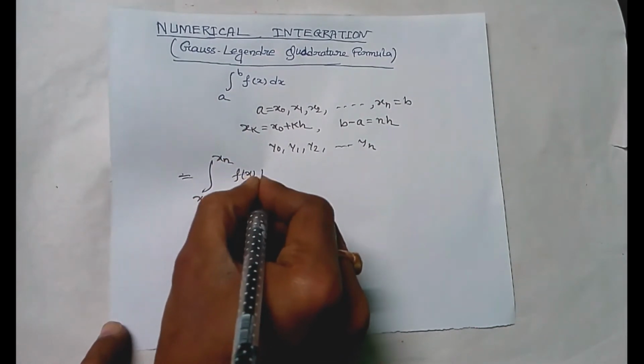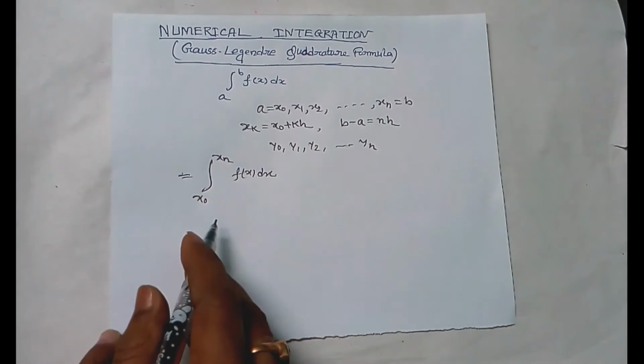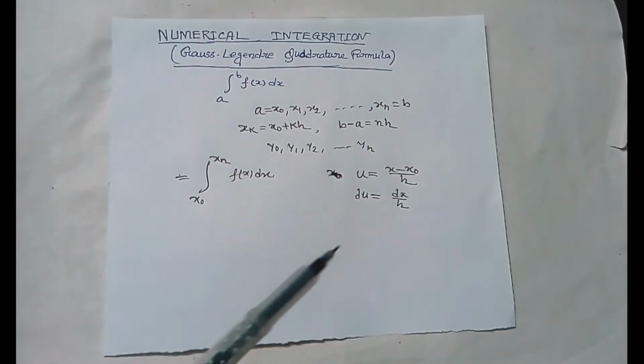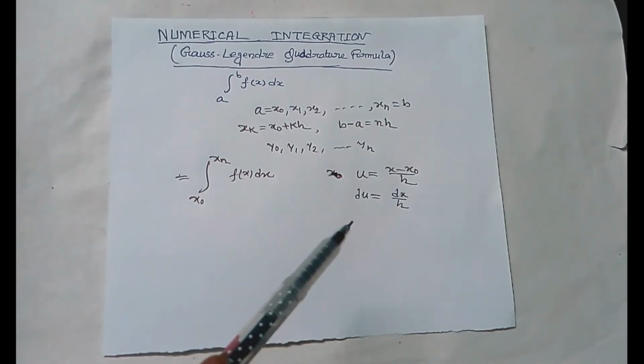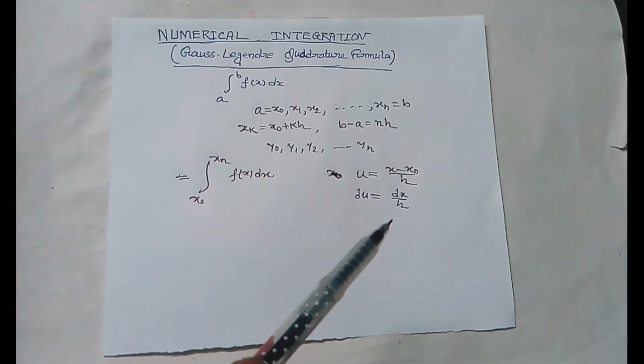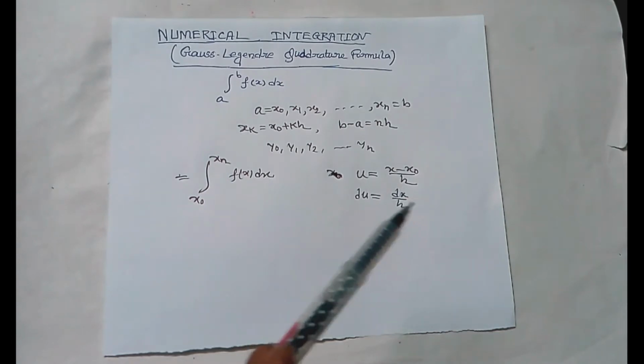The integral of f(x) dx. Now let us use this transformation u equal to (x minus x0) by h, so that du equals dx by h, because x0 is constant.